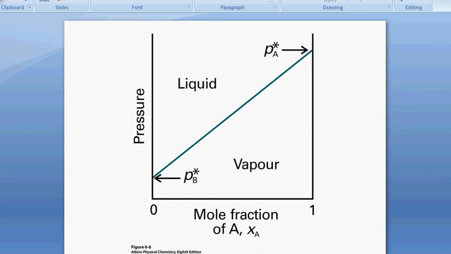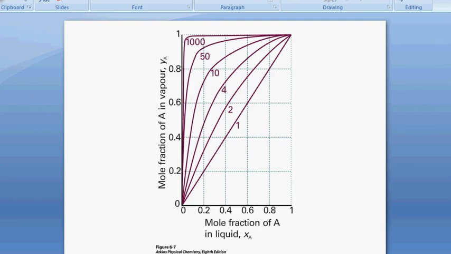Get a better feel for what I had drawn. That was Raoult's law, ideal behavior. Still, we are behaving ideally, don't worry about that. Now what we have plotted is the mole fraction of A in the vapor phase with respect to the mole fraction of A in the liquid phase at different values of PA star by PB star.